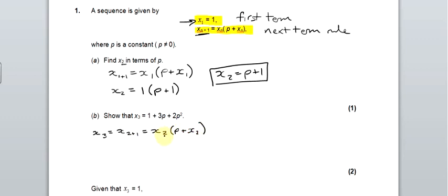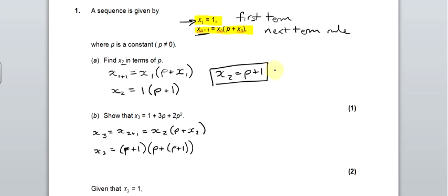And I know what x2 is because it's my answer to the last bit, so I can write down the third term is equal to the second term, which was p plus 1, times p plus 1.